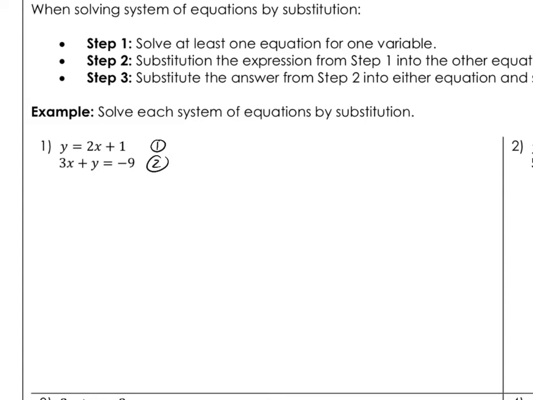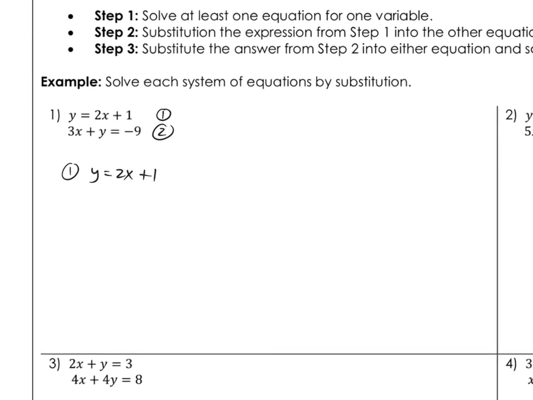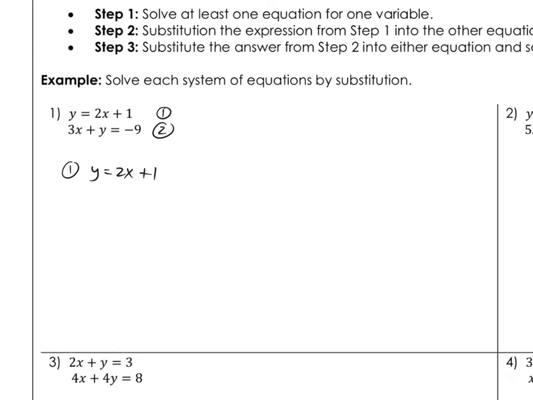So if you look at equation number 1, you'll see that the y is already by itself. And what I need to do now is substitute what y equals, in this case 2x plus 1, into the variable of y in the second equation.